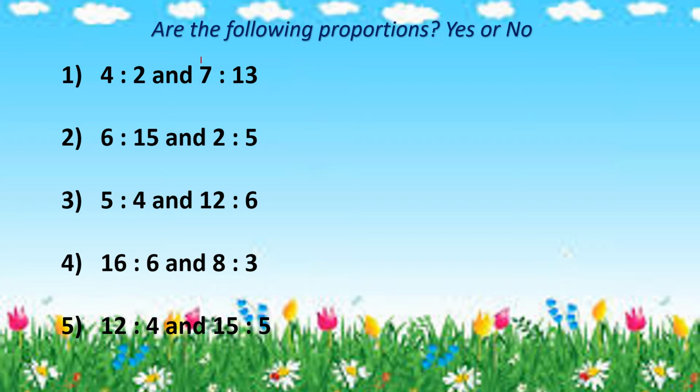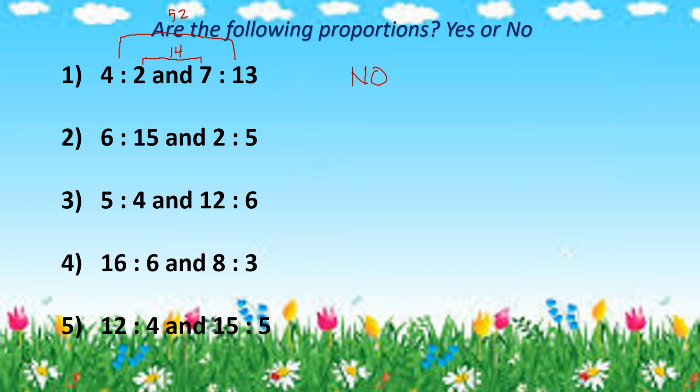The product of the means, 2 times 7 is 14. The product of the extremes, 4 times 13 is equal to 52. Since the product of the means is not equal to the product of the extremes, therefore, they do not form a proportion. So the answer is no, it is not a proportion.